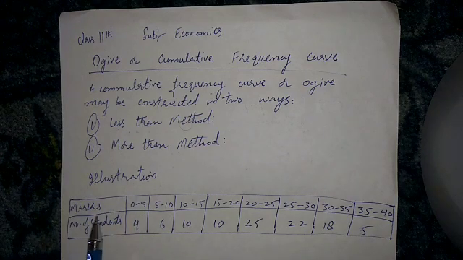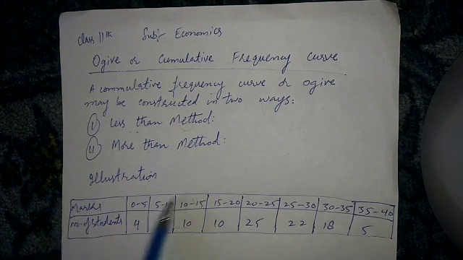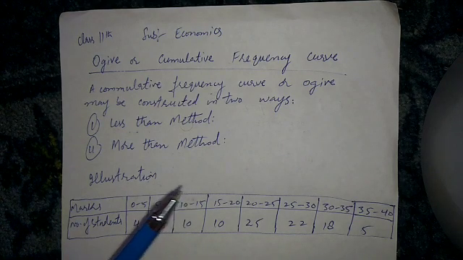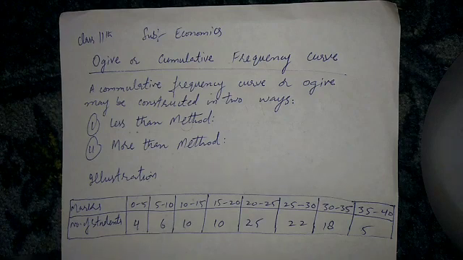Now, for illustration, take the data related to marks secured by students in their statistics paper, and graph these data in the form of less than Ogive and more than Ogive. Now, this is the data.